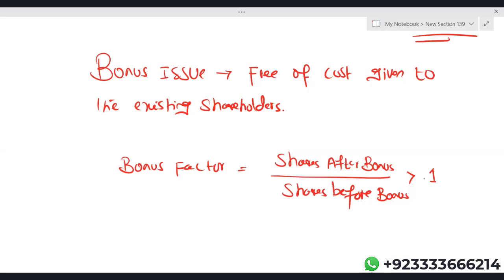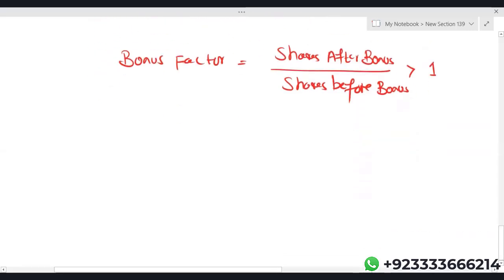So bonus factor, how do we calculate? Shares after bonus divided by shares before bonus. For example, let's say the examiner says there's a bonus issue of 1:2. This 1 is bonus, 2 is existing shares.